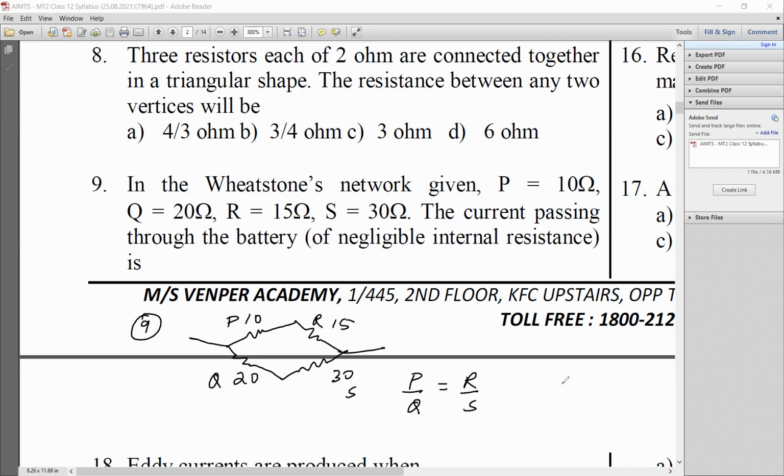So 10 and 15 in series is 25, and this becomes 50. 25 and 50 will again be in parallel. Just solve for the parallel and you'll get the answer. What is parallel? 1 by R equivalent is equal to 1 by R1 plus 1 by R2. Fine. Next.